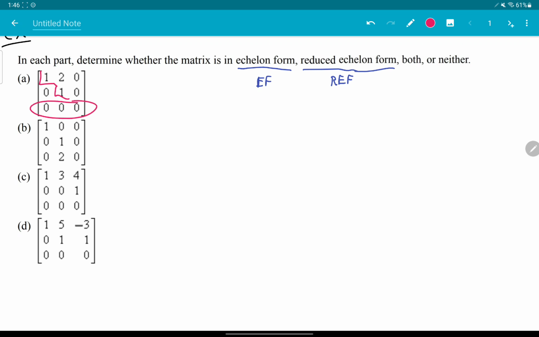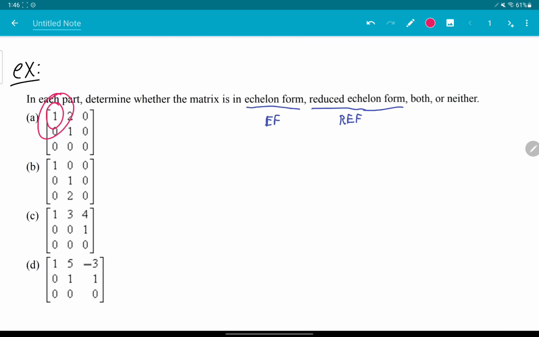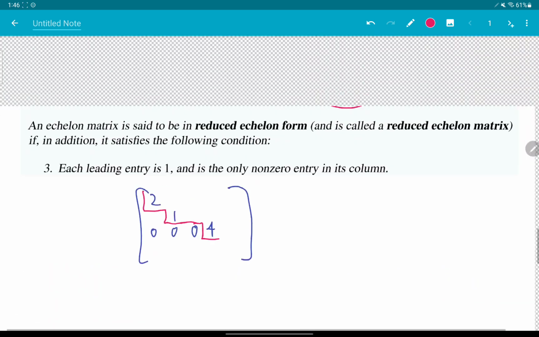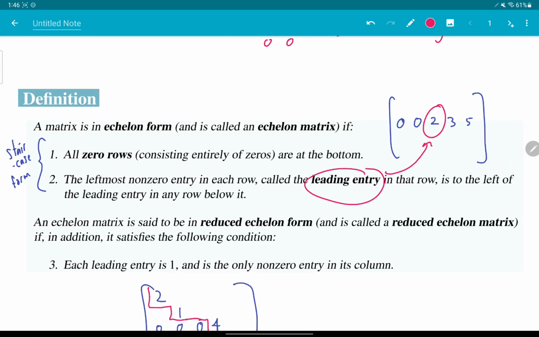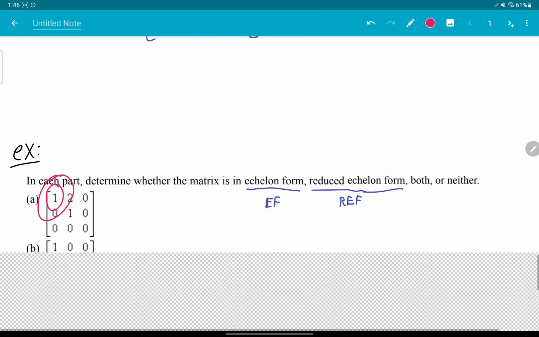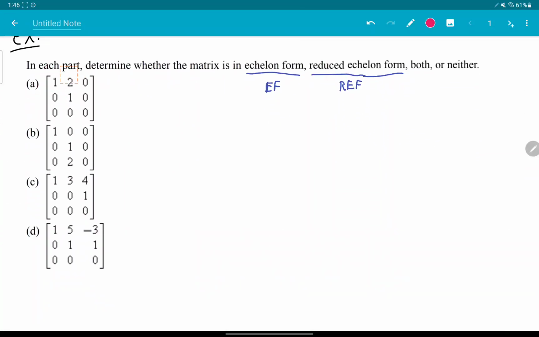All the zero rows are at the bottom. If I look at a given leading entry, all the other leading entries are to the right of this guy. Okay, that's my second condition here. So it looks like this is indeed in echelon form, but not in reduced echelon form.